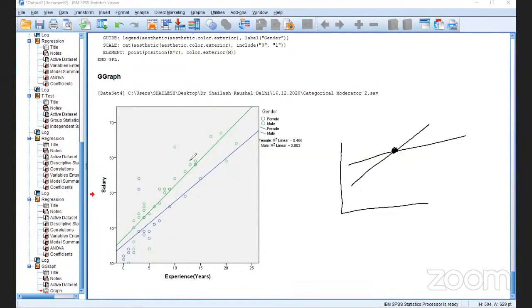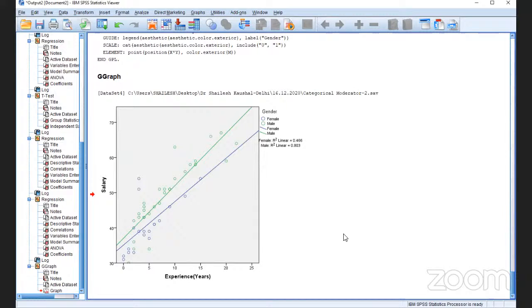Now, second case study. I am using the same case study which I told you, the low job performers and high job performers. It is based on Porter's theory of job satisfaction. In this case study, there are two groups: low job performers and high job performers.